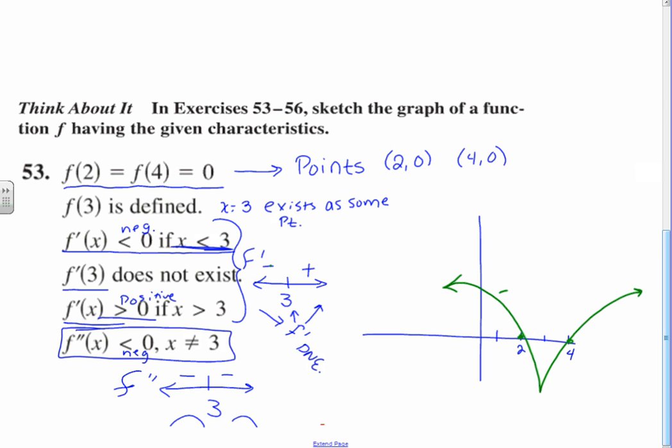Decreasing function, increasing function, so first derivative's negative, first derivative's positive. Concave down, which fits what we needed, and this one is concave down over here as well. And then the derivative doesn't exist at 3.